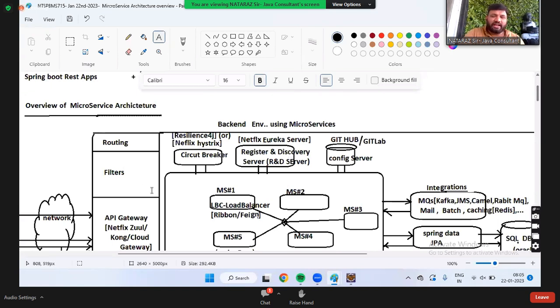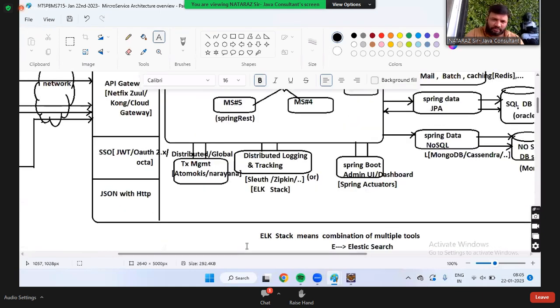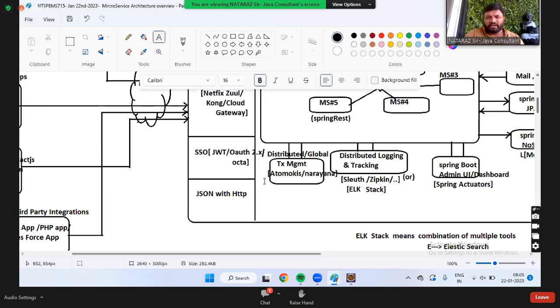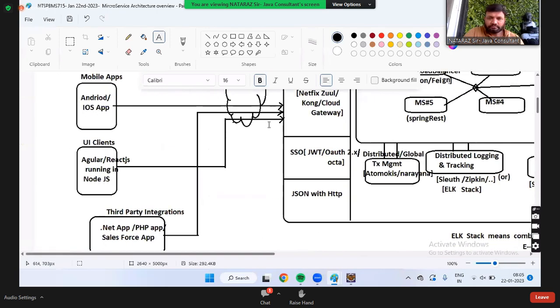API gateway is like a front office or security team who traps your entry and diverts different people to different places, right boss? After proper verification and all this stuff.